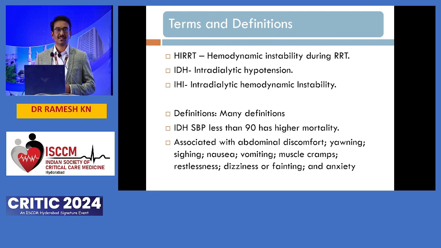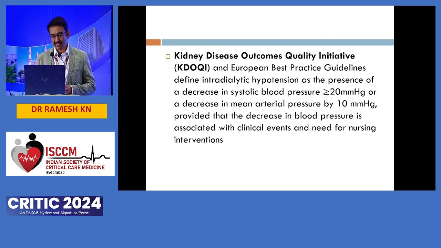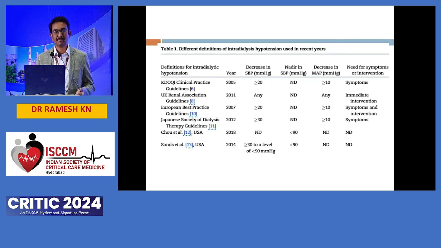Commonly what we use is the Kidney Disease Outcome Quality Initiative definition, which is a drop in the systolic blood pressure of more than 20 millimeter of mercury, or a drop in mean arterial pressure of more than 10 millimeter of mercury, with associated symptoms and requiring a nursing intervention, either a fluid bolus or introduction of vasopressor support. This is a commonly used definition, and other definitions have minor differences.